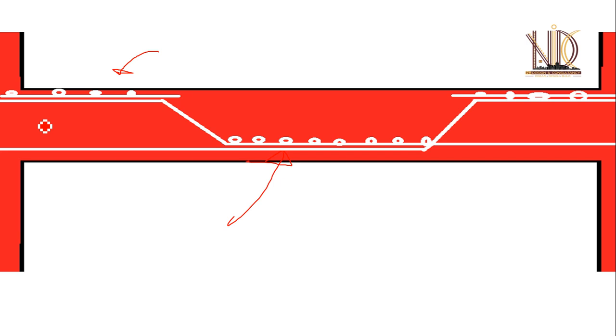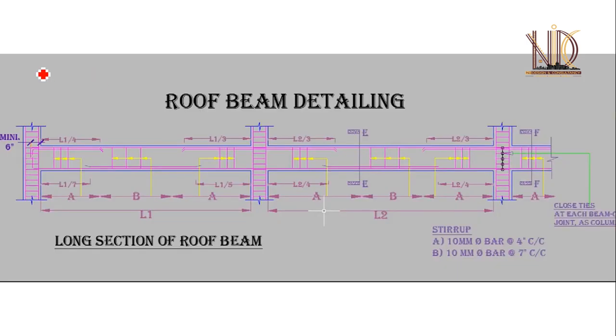So where can we safely overlap in a horizontal member? For the top layer we can provide overlap at the middle, and for the bottom layer we can safely overlap near the column support.